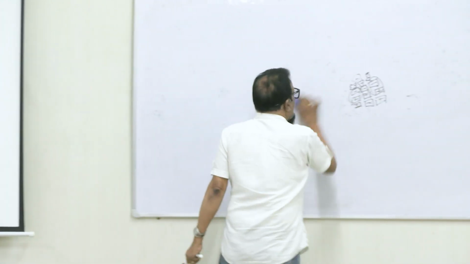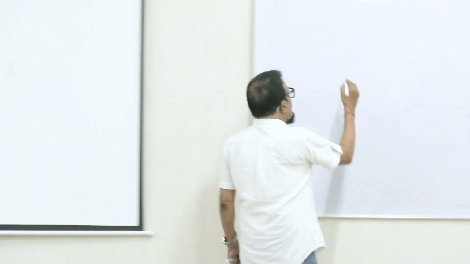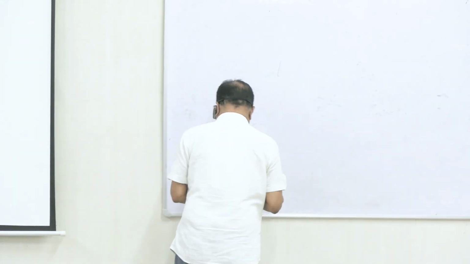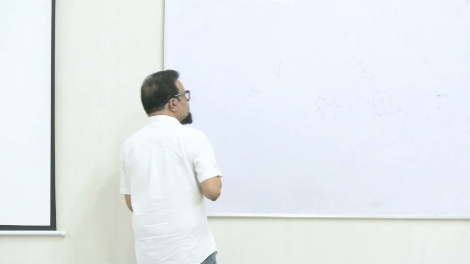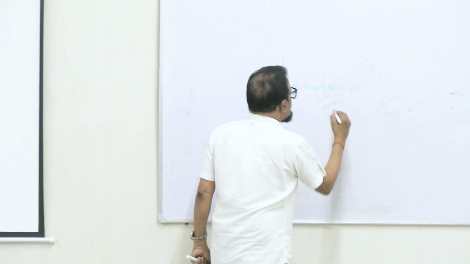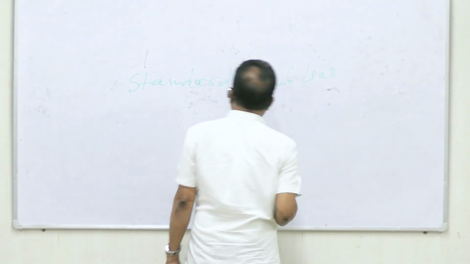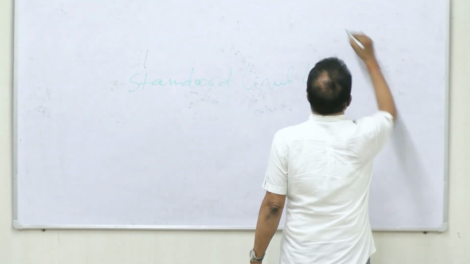Now, this electric activity, how do we record it? We record this using a lead system. We have two types of lead system: one is the standard limb lead, and another is the unipolar lead.